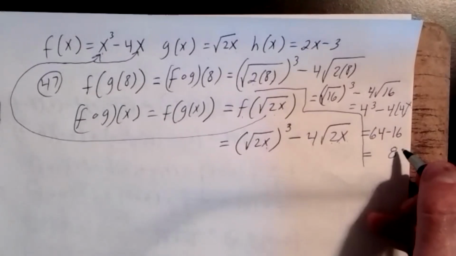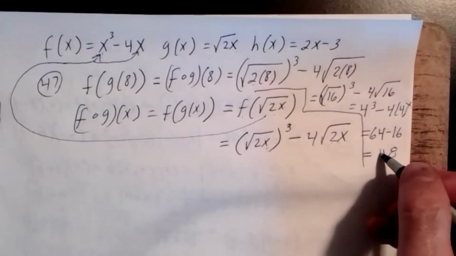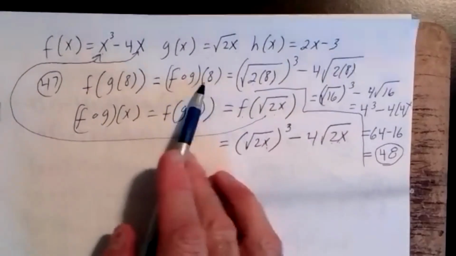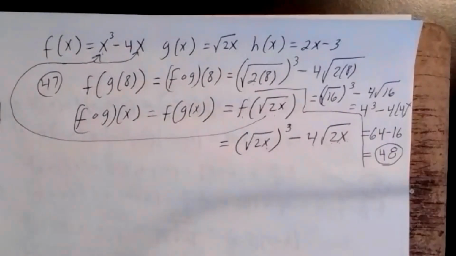It'll be 48, I believe. And that's what f composed with g of 8 is going to be equal to, is 48. Any questions how we did that problem? That's f of g of 8.